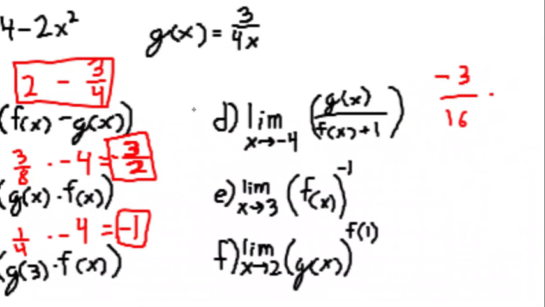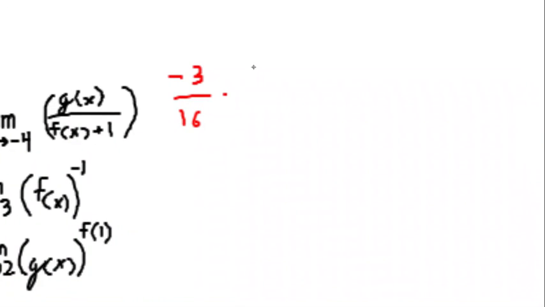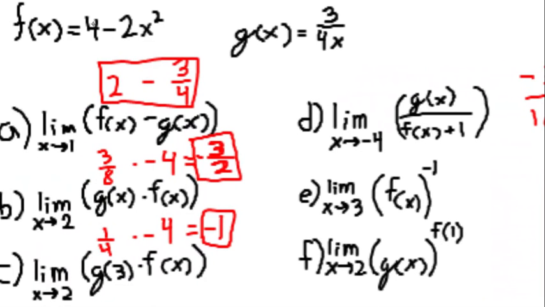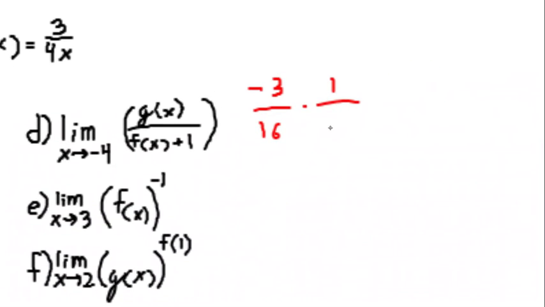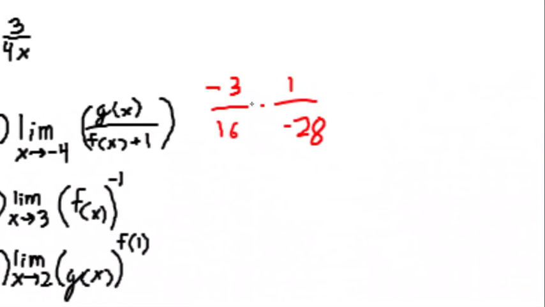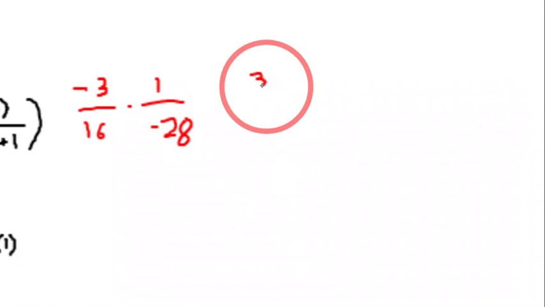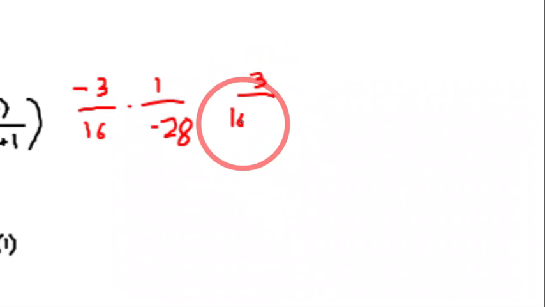Times, and because this is not a fraction, we know the numerator will be 1. We're plugging in negative 4. So 4 minus 2 times negative 4 squared. Negative 4 squared is 16. Twice that is 32. 4 minus 32 will be negative 28. And in all honesty, I don't want to simplify this, so I'm just going to write it as 3 over 16 times 28.